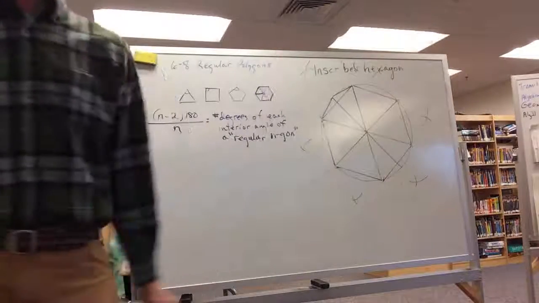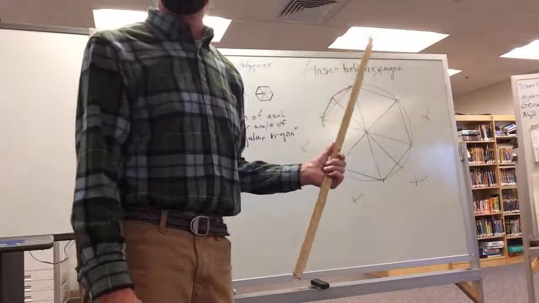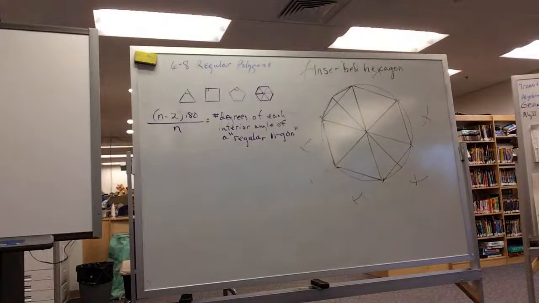Luke said he wants to turn it into a 24-gon. Just kidding. Every one of the sides ends up being the bisector of an isosceles triangle.